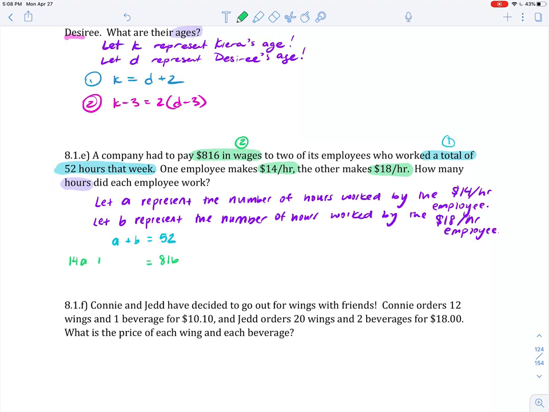She gets $14 times the number of hours she's worked, so 14A. And our B employee gets $18 an hour, so the amount of money paid is 18 times the number of hours worked, which is B. That gives us equation 1 and equation 2. And there we have it, our linear system.